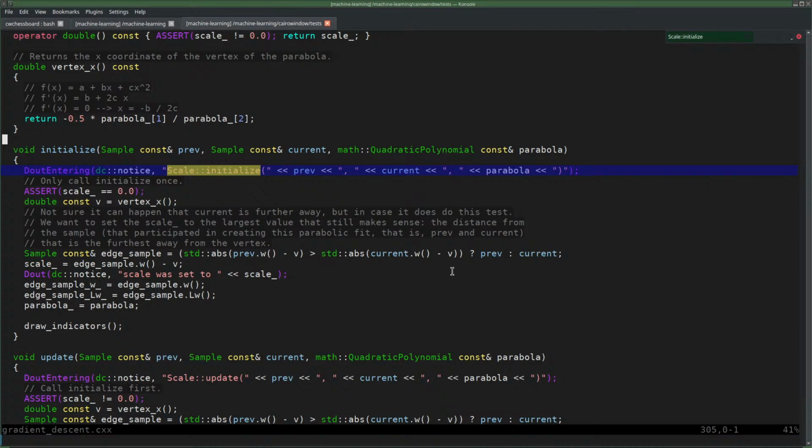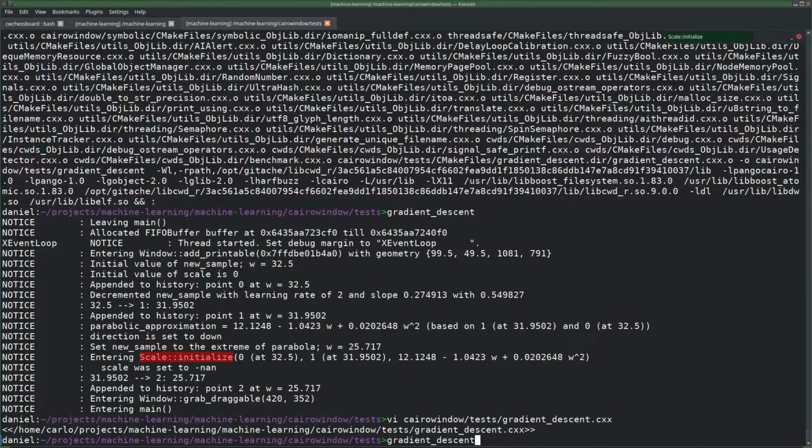Maybe I should look at the debug output instead. Oh, here, 0 and 1. Scale is not a number. That's also very interesting.